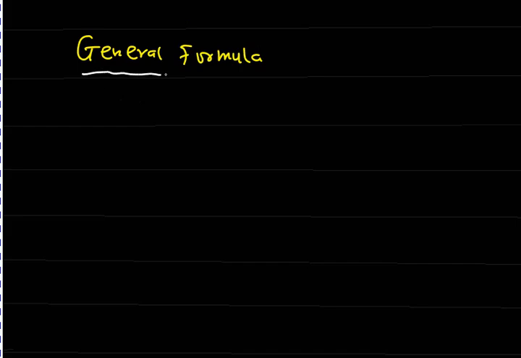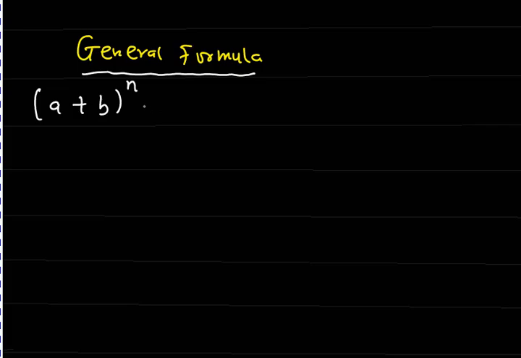Okay, so let's look at the general formula. Now this general formula is a formula that will enable us to find the coefficient. Already we know the pattern that is being developed for the variables. Okay, so now let's look at the general expansion of A plus B raised to the power of n.